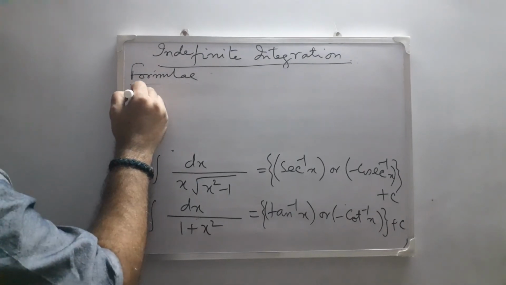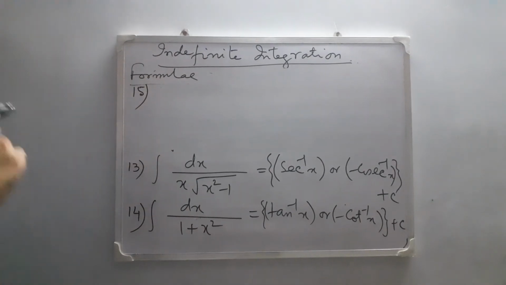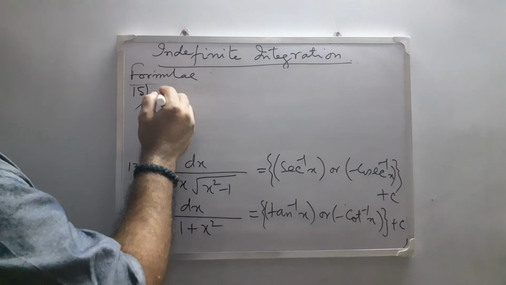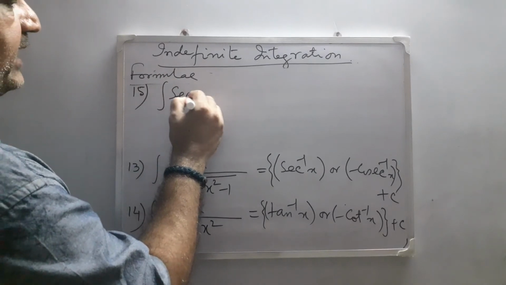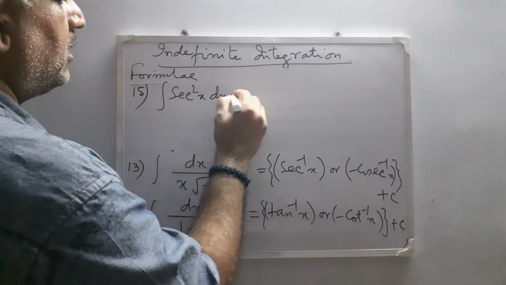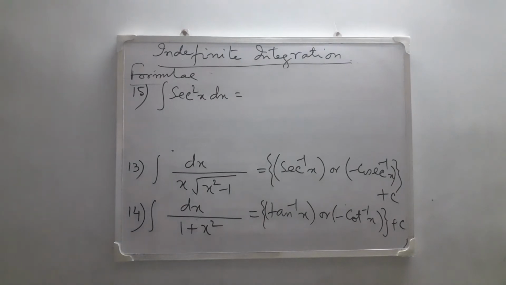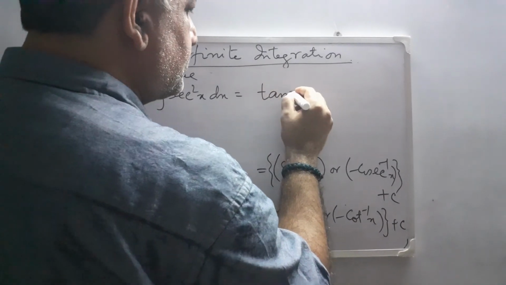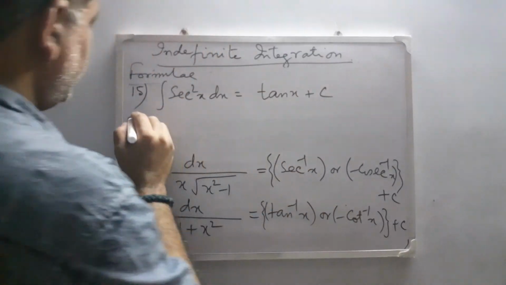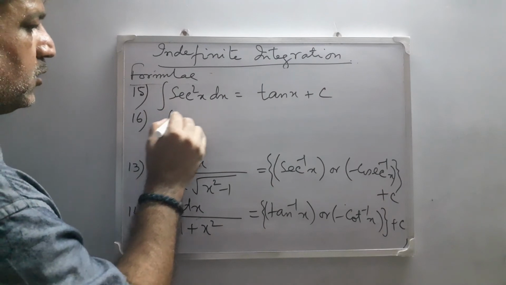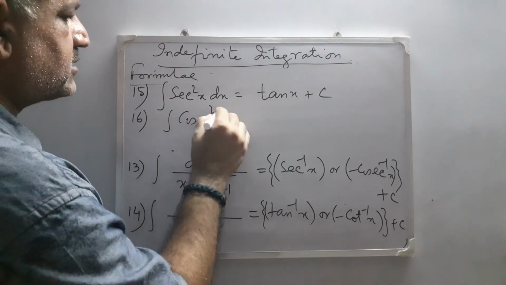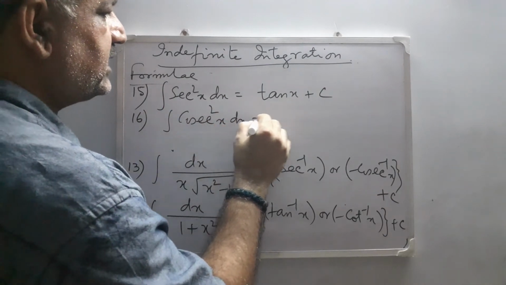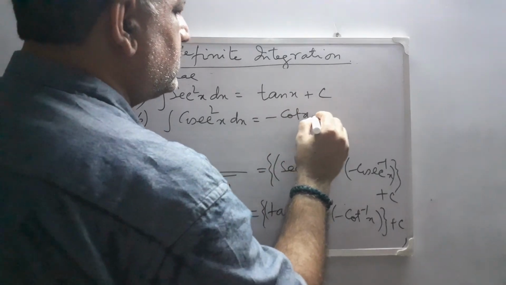Number 15, integral sec square x dx. That is, whose differentiation is sec square x? Differentiation of tan x. So it will be tan x plus c. Integral cosec square x dx is minus cot x plus c.